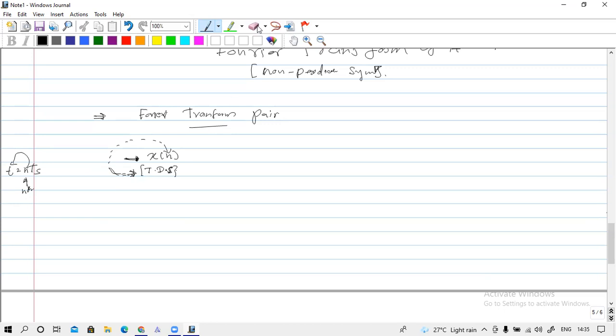So this time domain signal, you already know that if we get the Fourier transform, we will have a frequency domain signal, no? Can you remember in case of continuous time signal? If we get the Fourier transform of a time domain signal, we will have the frequency domain signal, and we denote it like this.